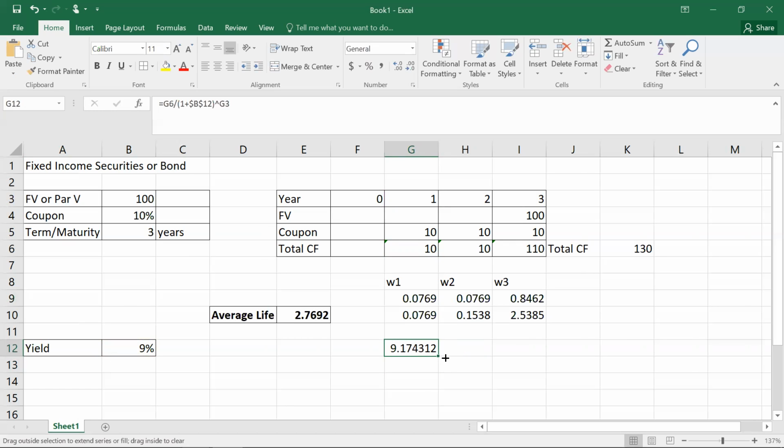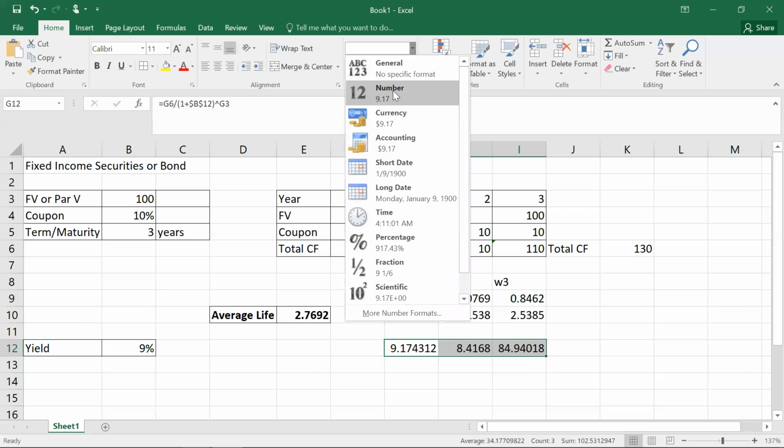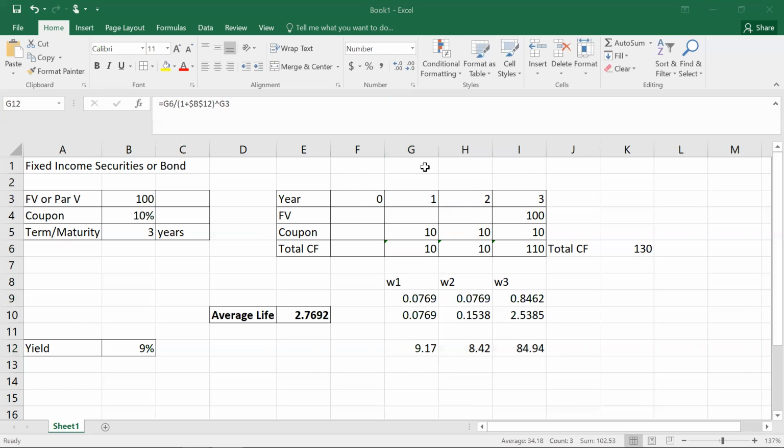Okay, now I will drag it down here. Now, so what we have got here is the present value of the individual cash flows.